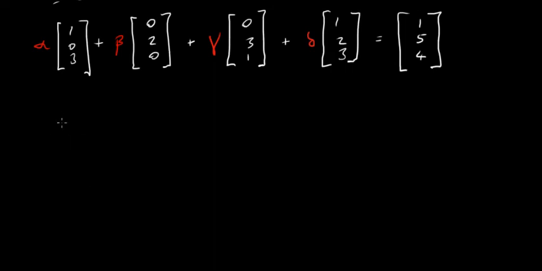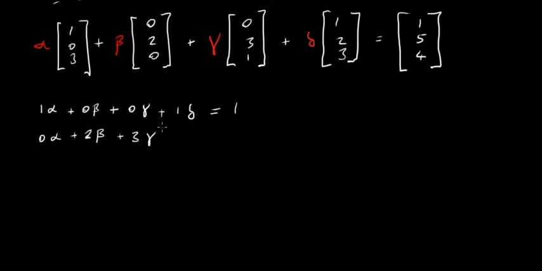So we take alpha times 1, so 1 times alpha plus 0 times beta plus 0 times gamma plus 1 times delta, and that should give me the 1. Then 0 times alpha plus 2 times beta plus 3 times gamma plus 2 times delta, and that should give me the 5.